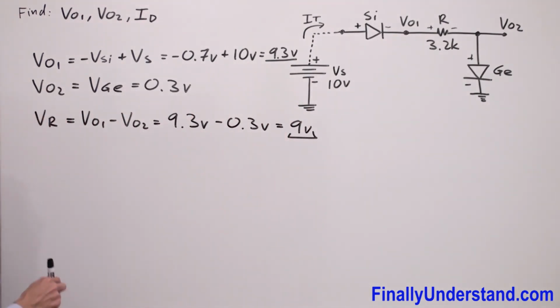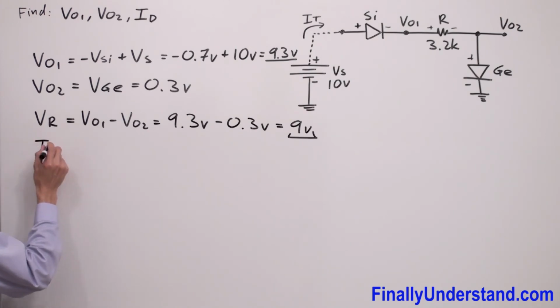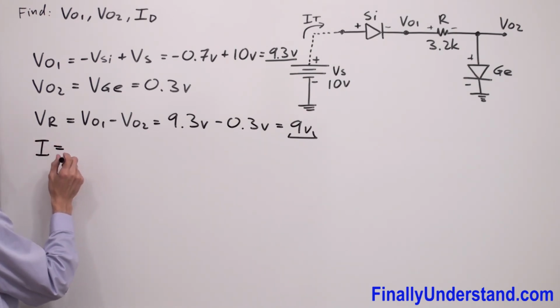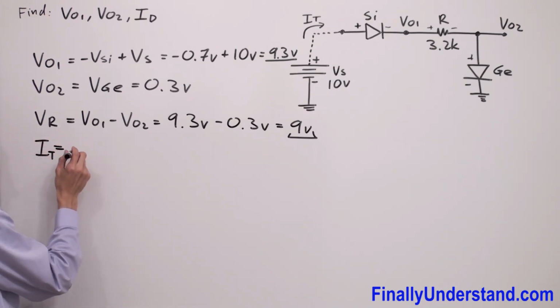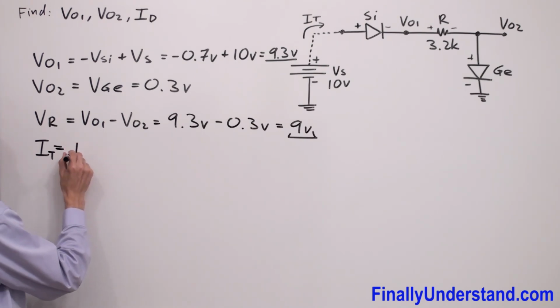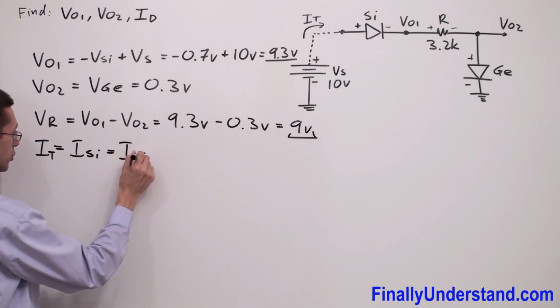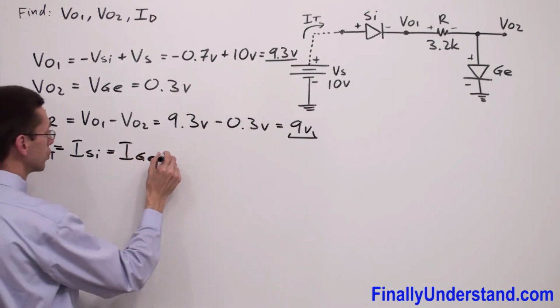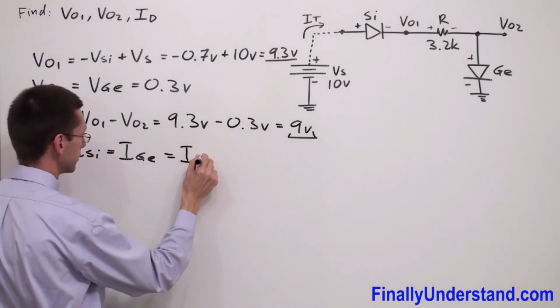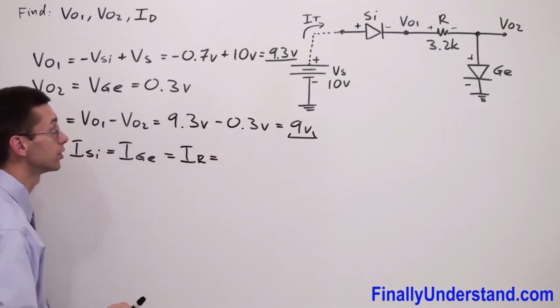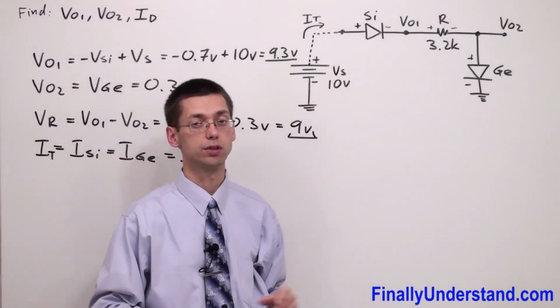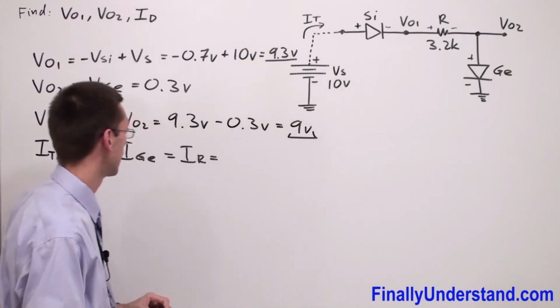So if you want to find the current, as I said, use Ohm's law. I total in the circuit, I can say, is equal to I silicon, which is also equal to I germanium. This is also equal to IR. Why? Because this is a series circuit. In a series circuit we have just one current.